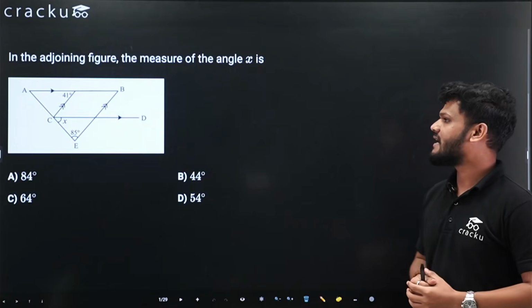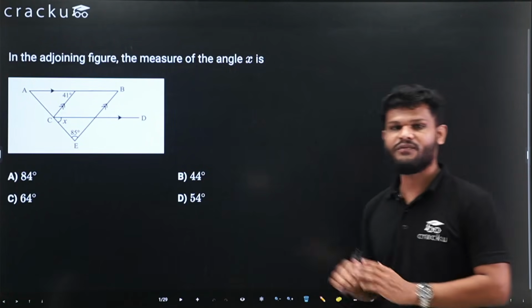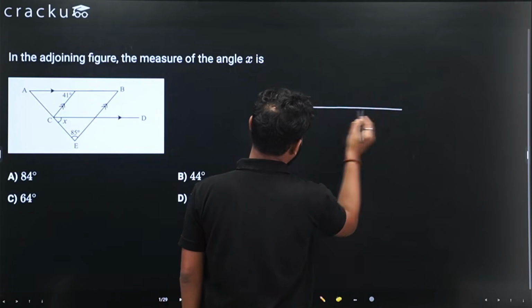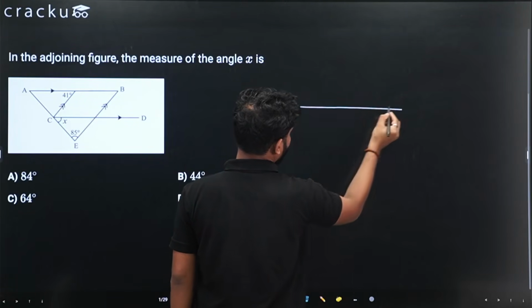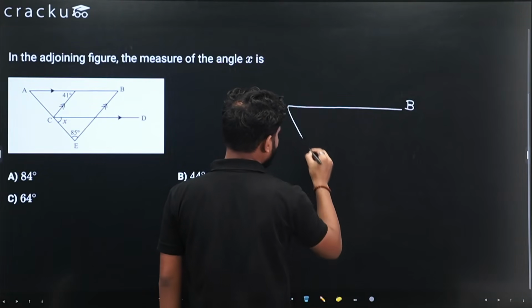So in this question we are asked, in the adjoining figure, the measure of angle x is what? And we have given the figure. So let us first draw this figure. So I have AB. Then ABE is a triangle.